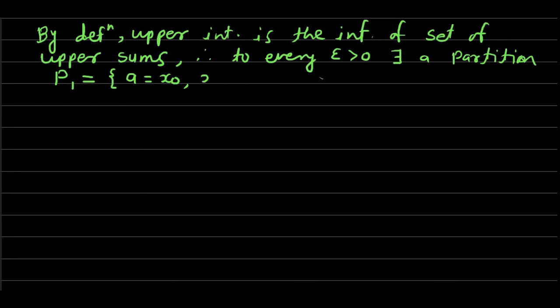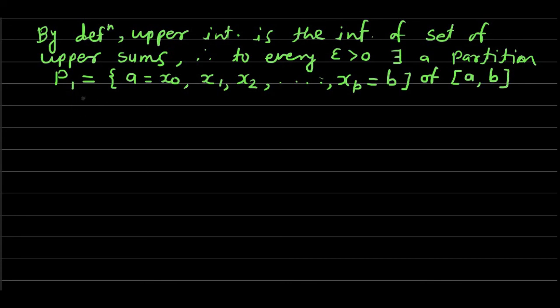Suppose the last point is xp, then by definition this xp must be equal to the right end point of the interval [a, b], that is b. So there exists a partition P1 of the closed interval [a, b].